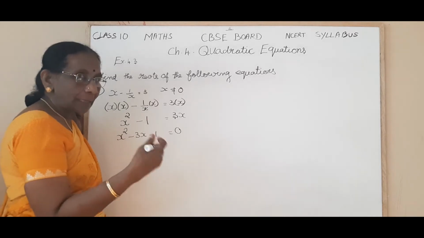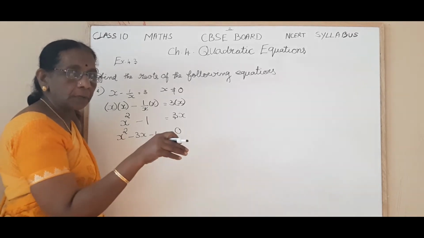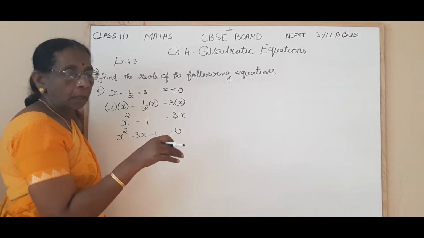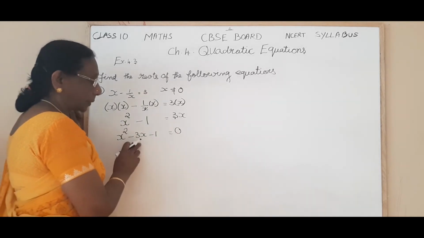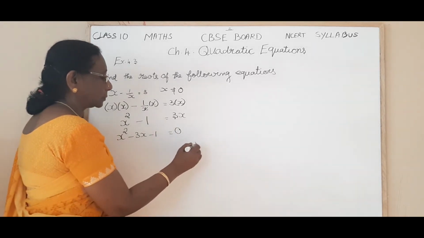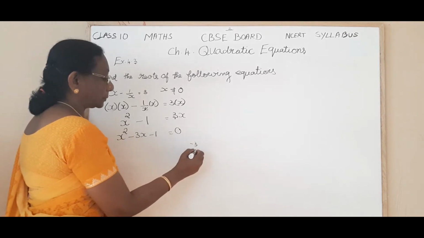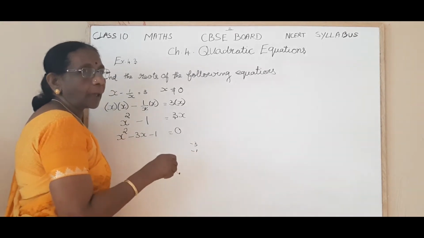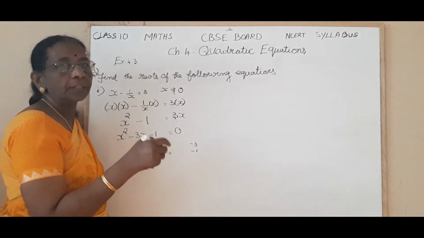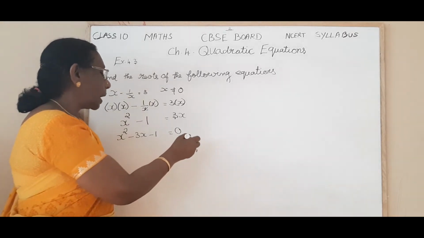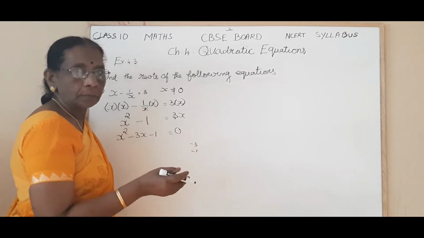Whichever is easy according to the situation, you apply. The middle term is minus 3, and when you multiply a and c, it is minus 1. So it is very difficult to find two numbers whose product is 1 and whose sum is minus 3. It will take time, isn't it?